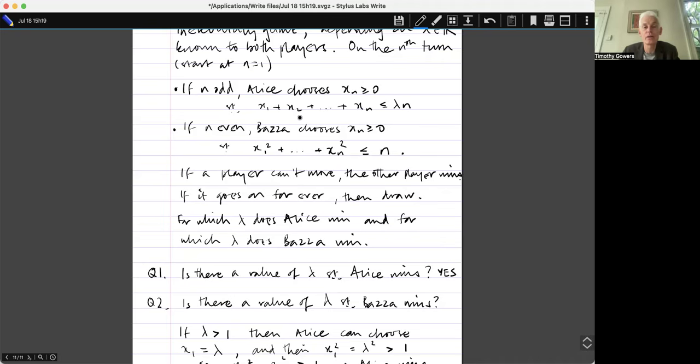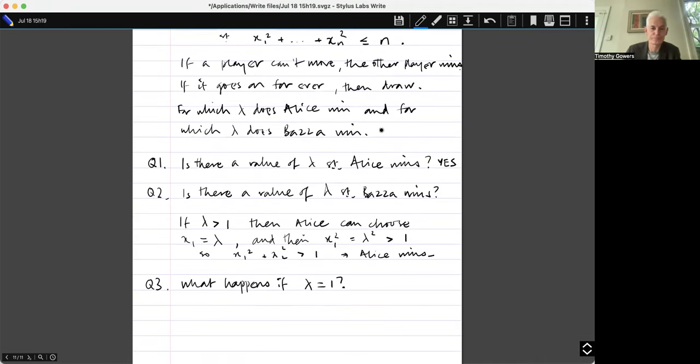And now Alice can choose x3 to be 2. And if Alice chooses x3 to be 2, then x1 squared plus x3 squared is 5, which is already bigger than 4, and so Bazza loses.